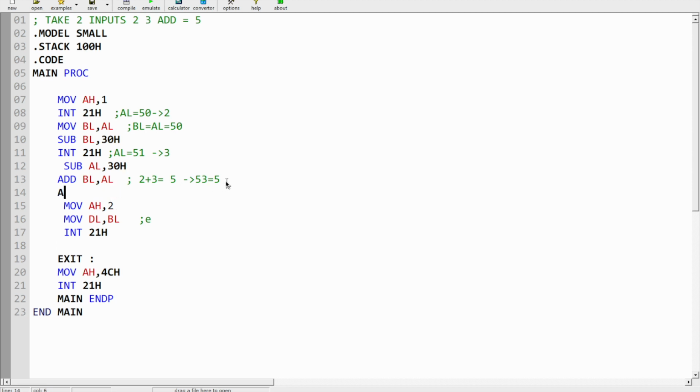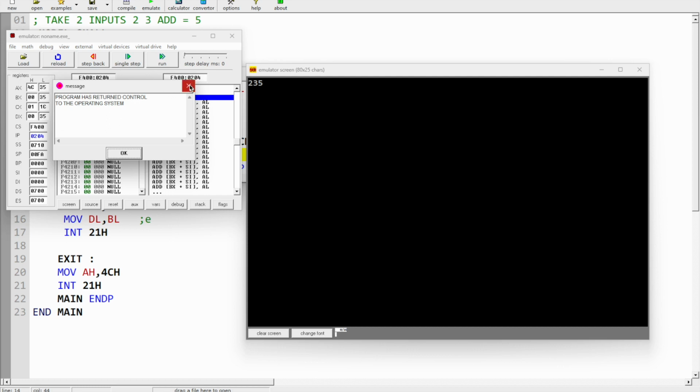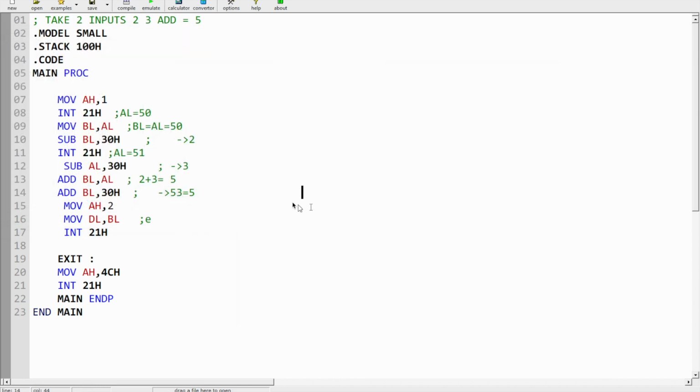And we're going to add 38 back to the result. This is where we do this, and this is where we did this. Now this should run accordingly. Let's see: 2, 3, and voila, it gives us 5. Would you look at that? So this is how it's done.